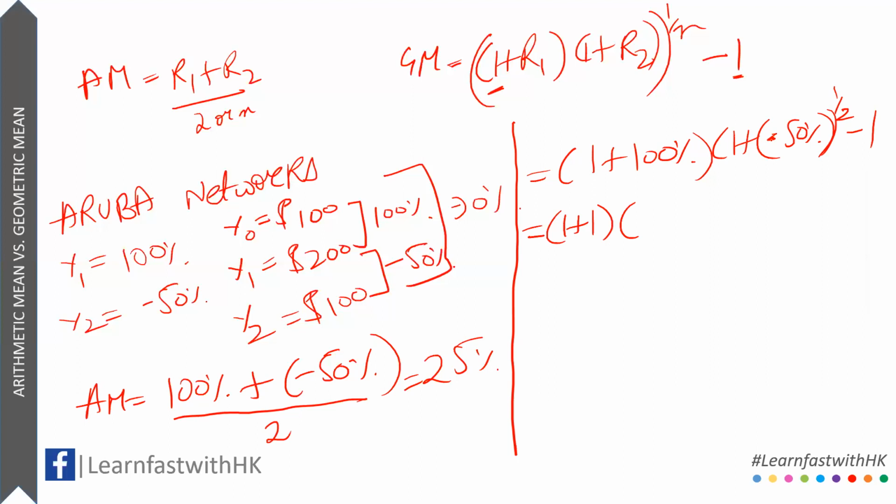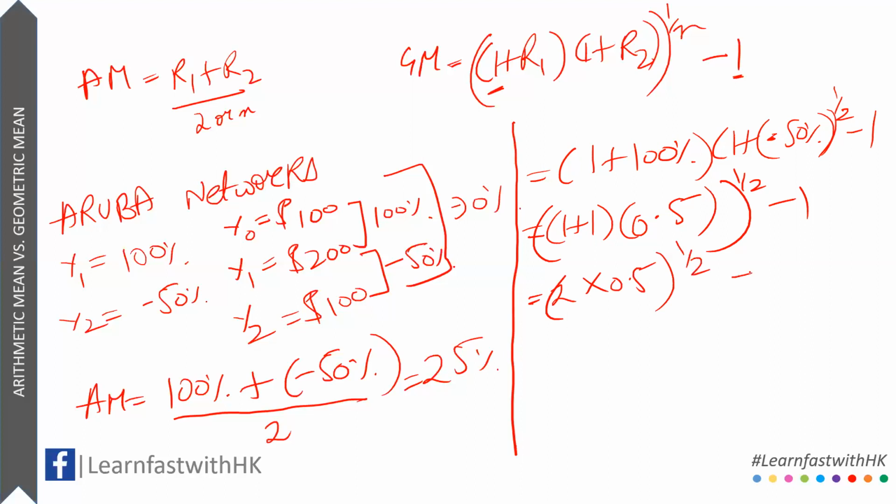So it's 1 minus 0.5, which I can write as 0.5. And this entire thing is raised to the power 1 by 2 minus 1. So this is 2 multiplied by 0.5, raised to the power 1 by 2, minus 1. Sorry, it's a minus, not equals to. And this becomes 1. 1 raised to the power 1 by 2 is 1 only. So 1 minus 1 becomes 0%.